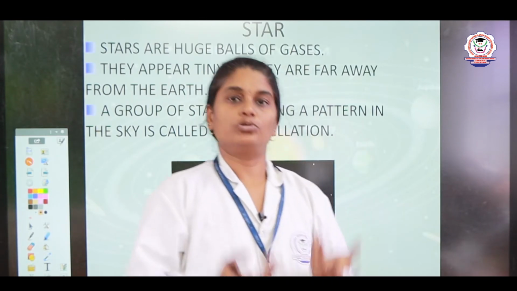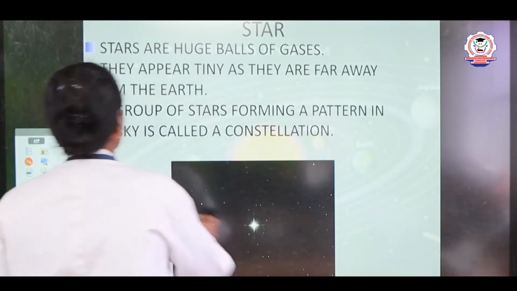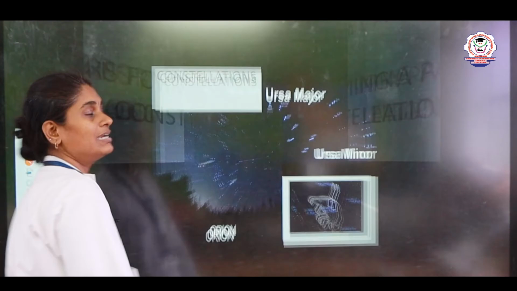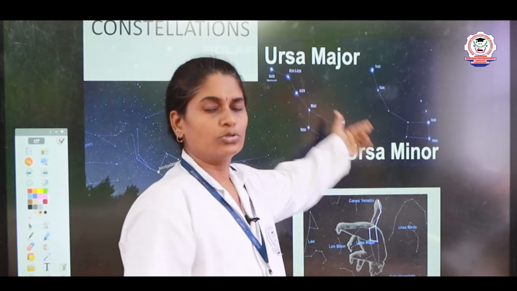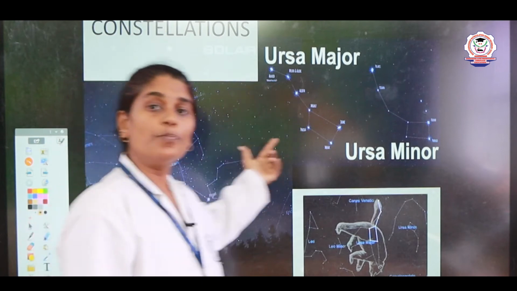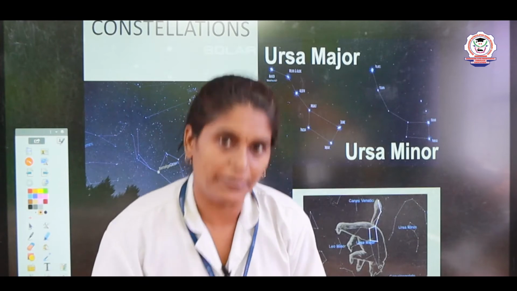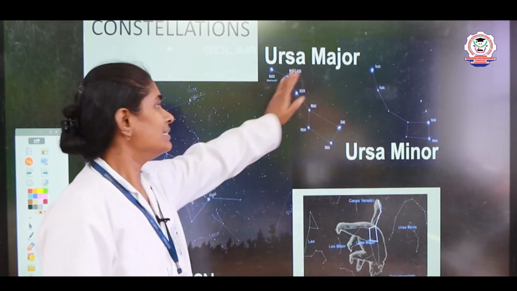That we call a constellation. So, what is a constellation? Constellations are groups of stars that form a pattern or shape in the sky.